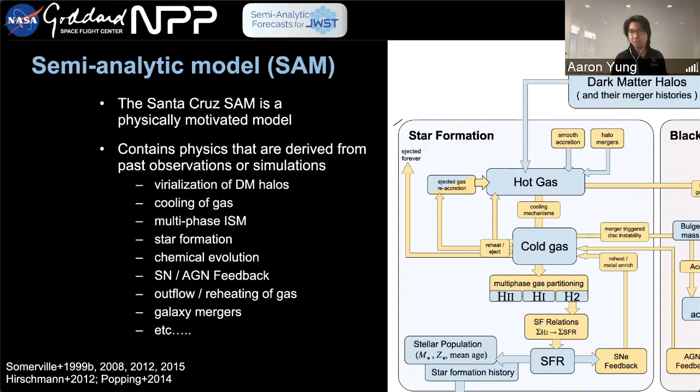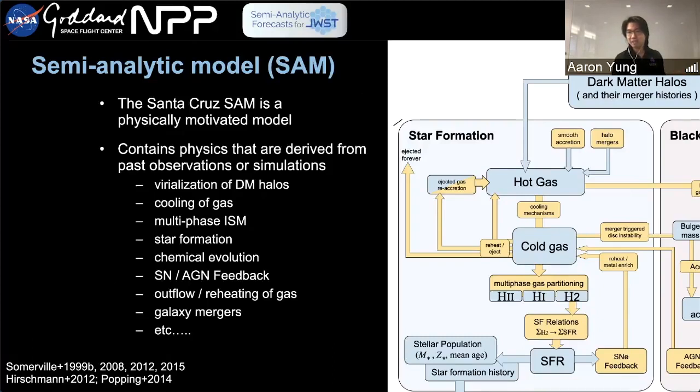The schematic diagram walks you through that. From a dark matter halo, we have an estimate for the amount of hot gas in there, and then there are several cooling mechanisms that track how this hot gas is cooled, and then the cold gas is partitioned into multi-phase gas, including an atomic phase, an ionized phase, and then the molecular phase.